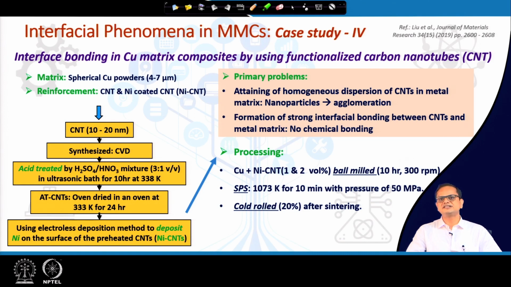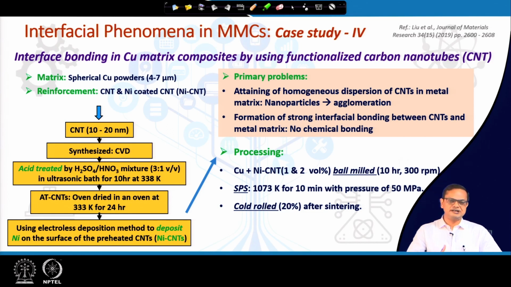It is an advanced sintering technique where sintering can take place in very little time and at lower temperature than conventional sintering temperature. That is the advantage of SPS, and it has a very high heating rate, and because of its particular mechanism, SPS leads to very good densification in very little time.